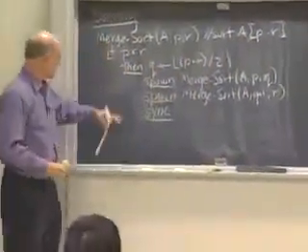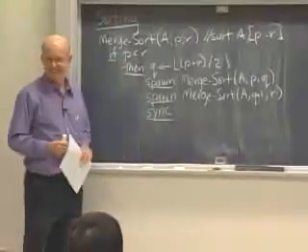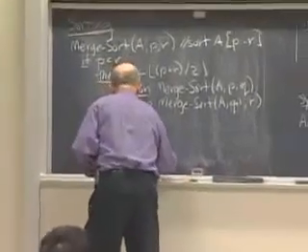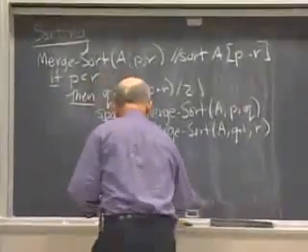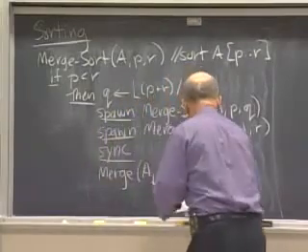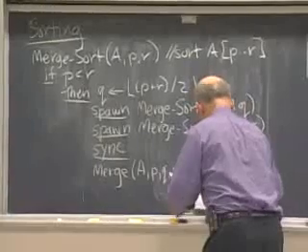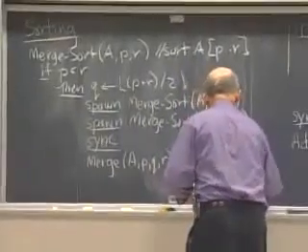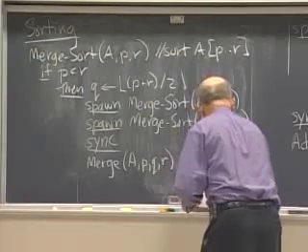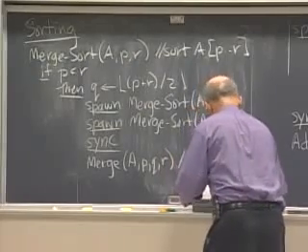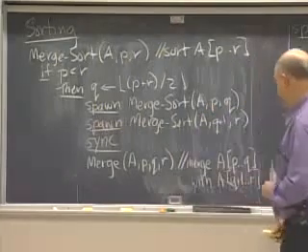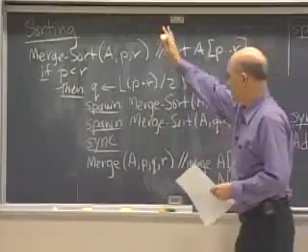And then what do we do when we're done with this? We merge. So we merge A, P, Q, R, which is merging A of P up to Q with A of Q plus 1 up to R. And once we've merged, we're done.